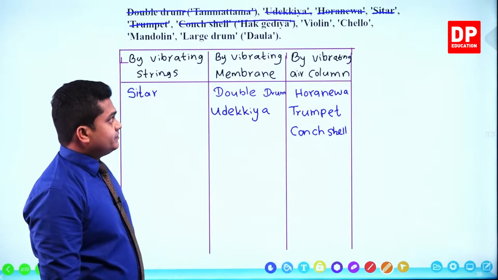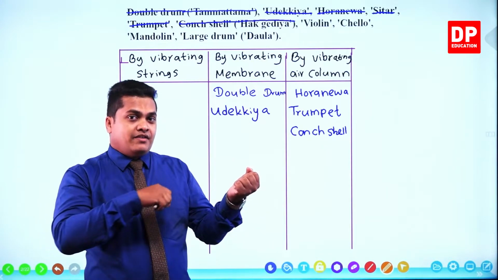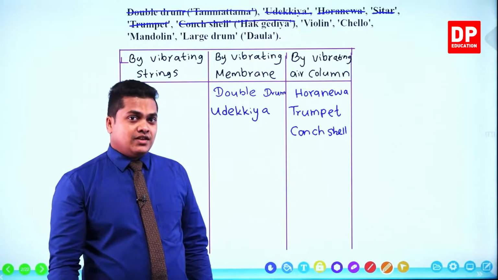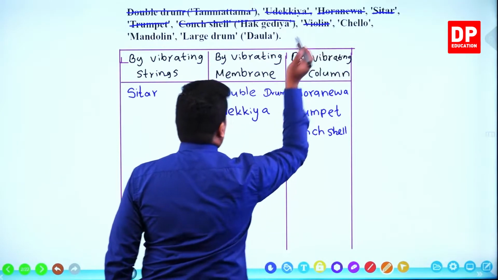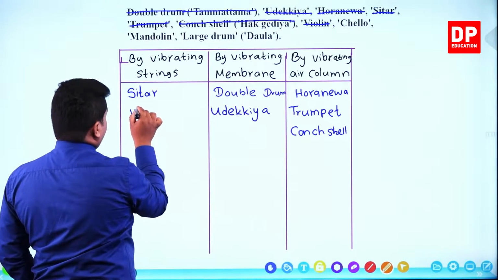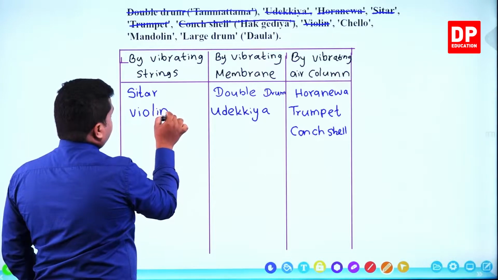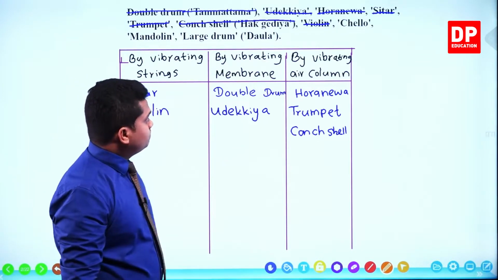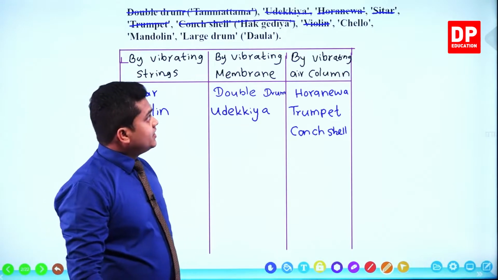Then violin. You know what the violin is. We play violin, we vibrate the strings. So violin is an instrument which produces sound by the vibration of strings. Then the next one is cello.